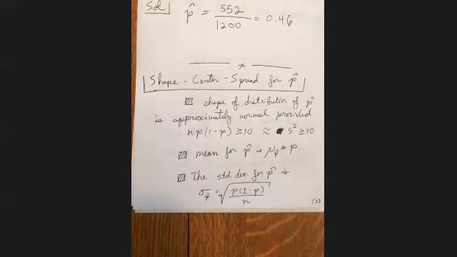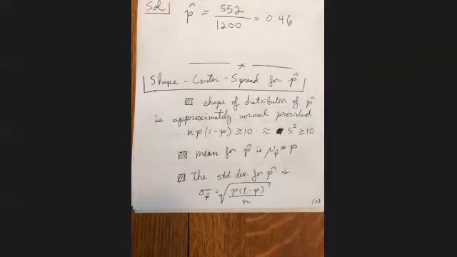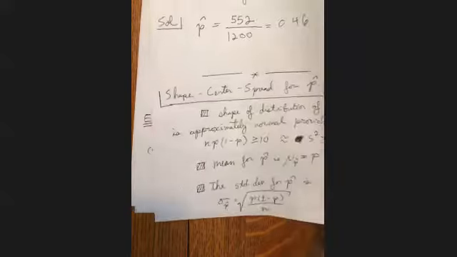So again, this looks a lot like the standard deviation for a binomial random variable, but it's being scaled according to this n, just like we saw with the sample mean standard deviation. Okay, so that's the shape, center, and spread for the distribution of the p hat estimator, the sample proportion.